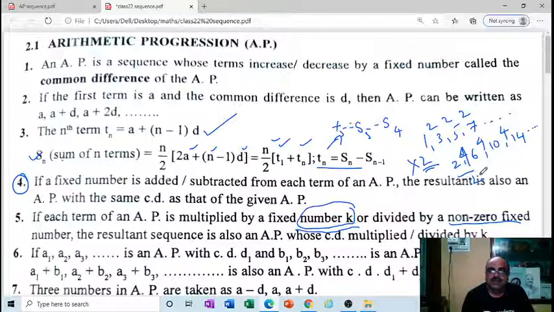Why did it become 4? The common difference 2 was multiplied by 2. That is why it became 4 here. That's what they are trying to say.